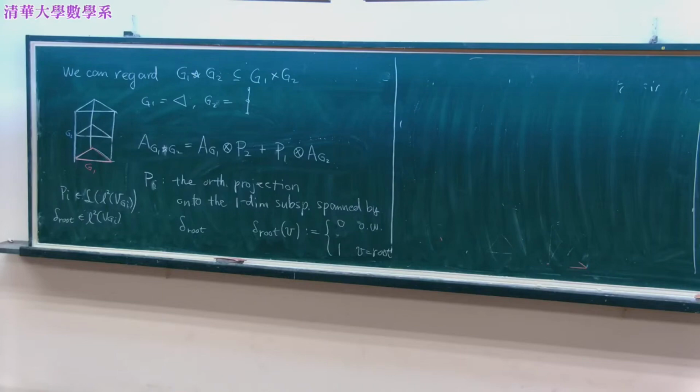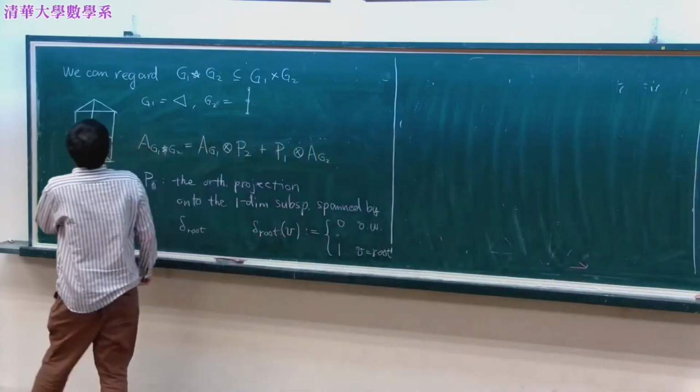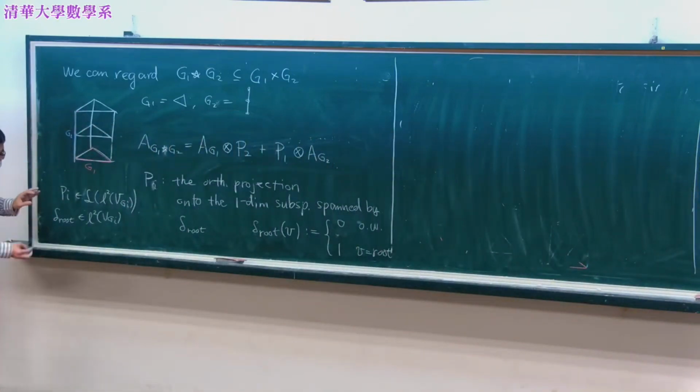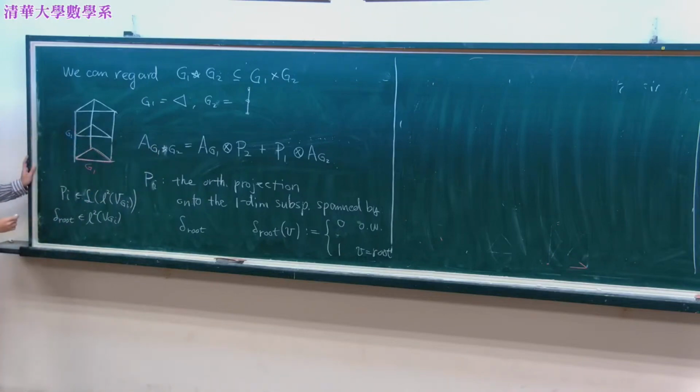Okay, let me briefly explain this intuitive interpretation of the decomposition formula. In the star product case, how to interpret this? In the Cartesian product, we have 3 copies of G1: G1 here, here, here. And also 3 copies of G2: this line, and this line, and this line.